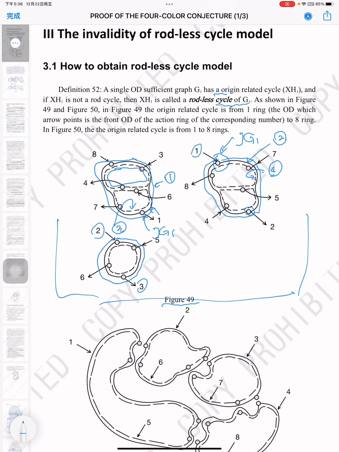So for this GG1, the whole action process and the action rings concerned satisfy the existence requirement of GG1. So for the rest of the OD origin bridge structure, the cycle process all satisfies them.